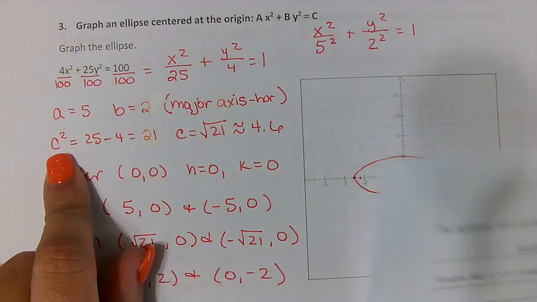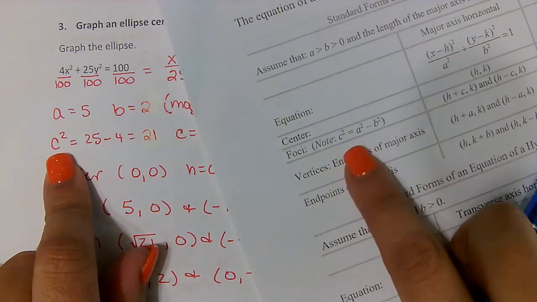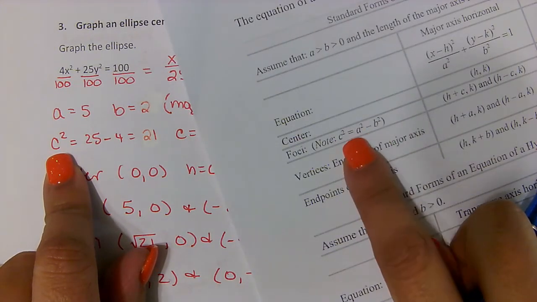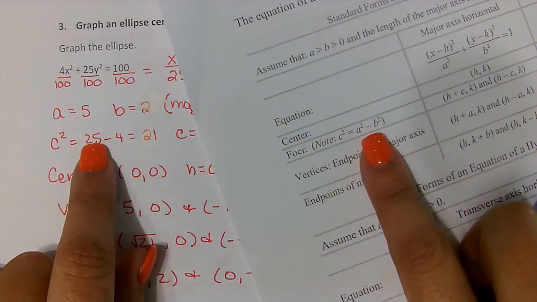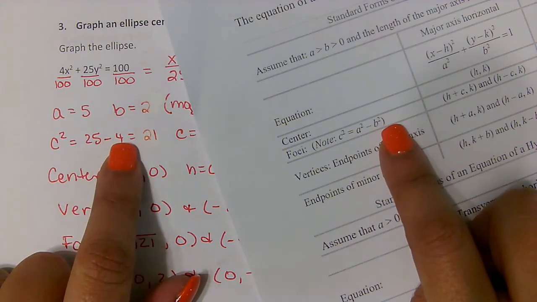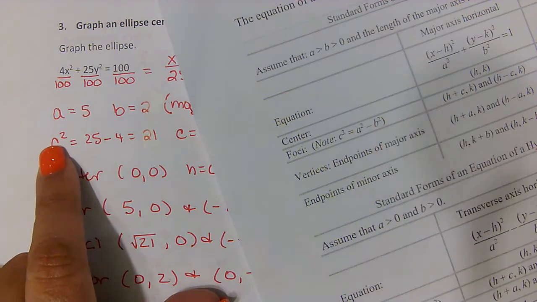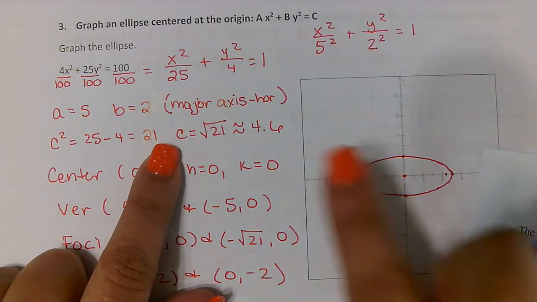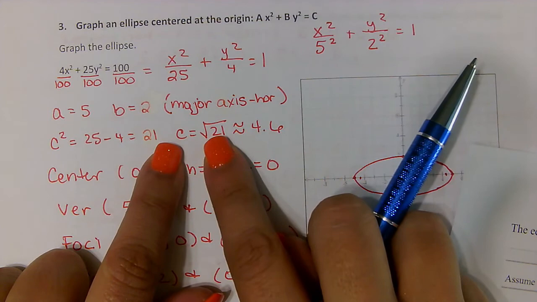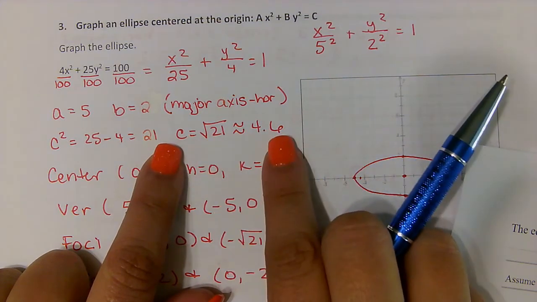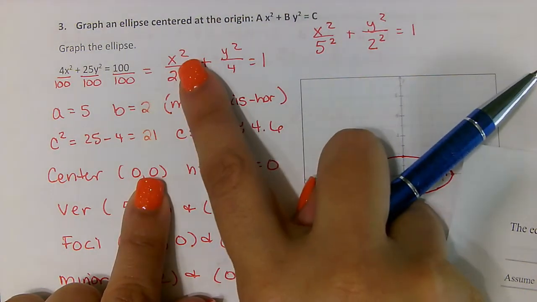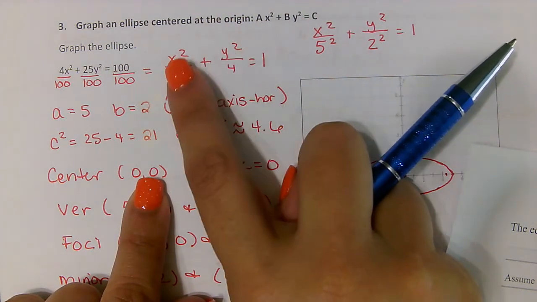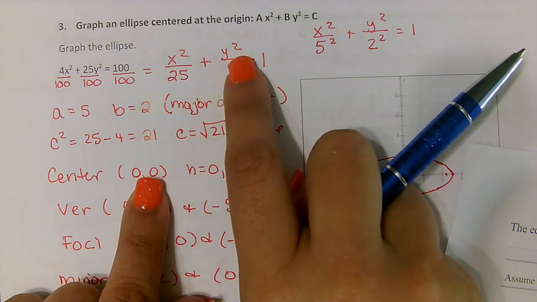We can solve for c by using the equation given to us in the formula sheet. c squared is equal to a squared, which is 25, minus b squared, which is 4. So c squared is going to equal 21, or c will equal the square root of 21, which is approximately 4.6.